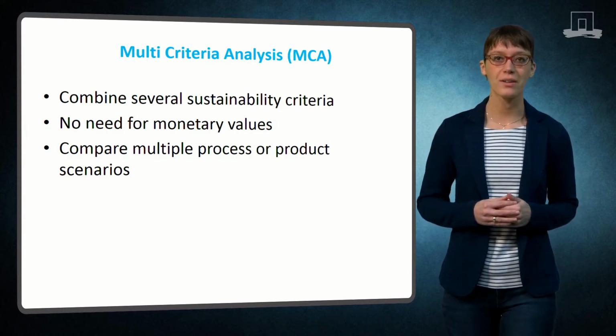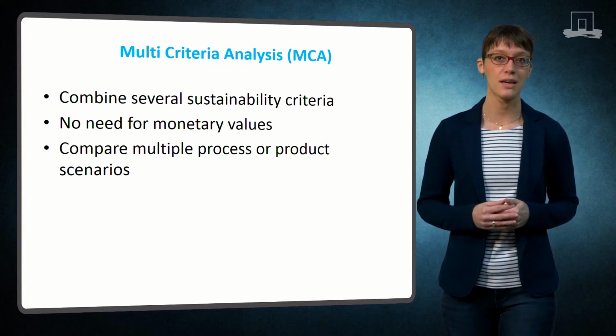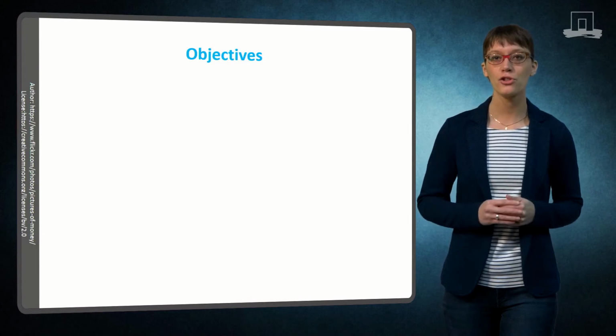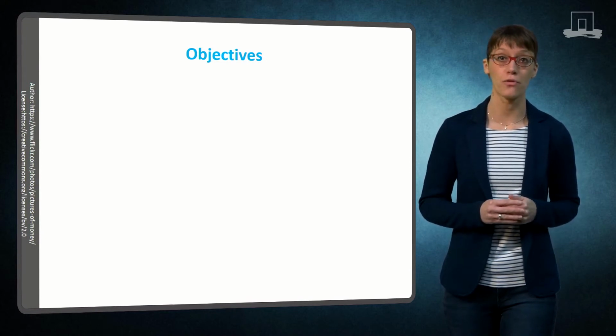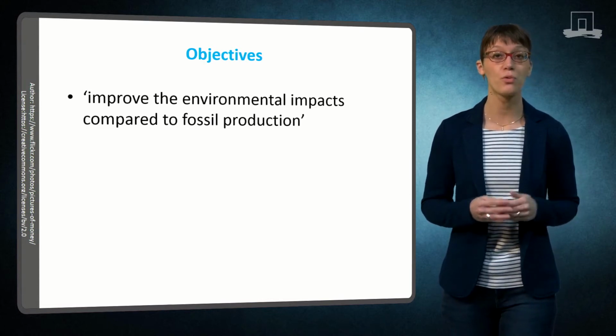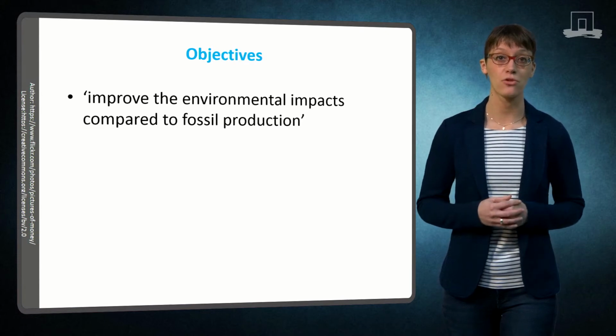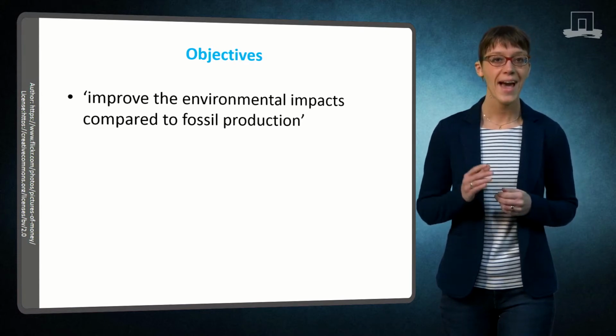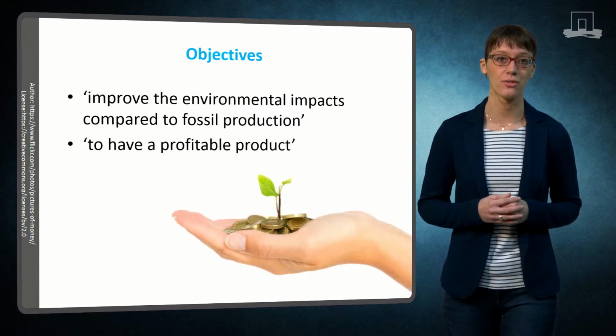But where do we start if we want to undertake an MCA? First, you need to state the objective of your bio-based process or product. For example, the objectives of your bio-based product are to improve the environmental impacts compared to fossil production and to have a profitable product.